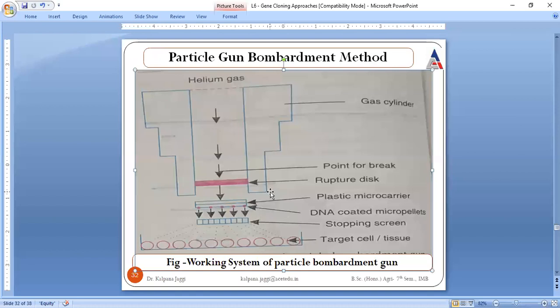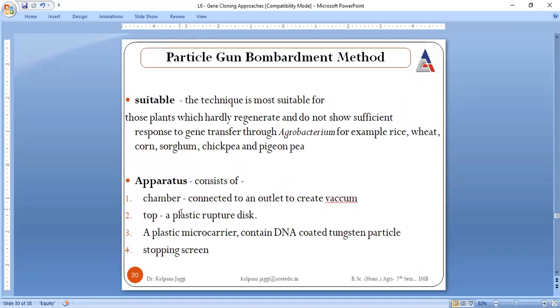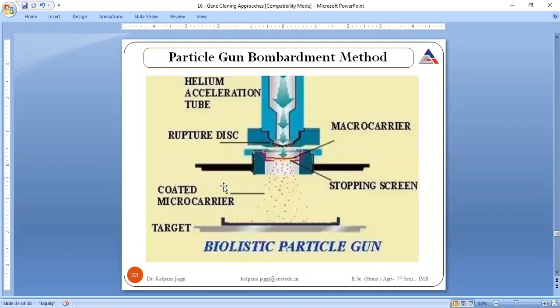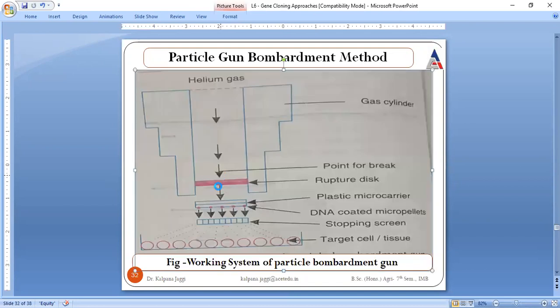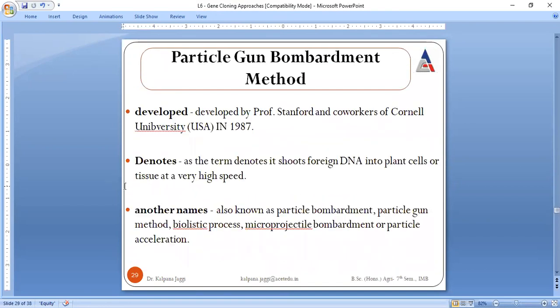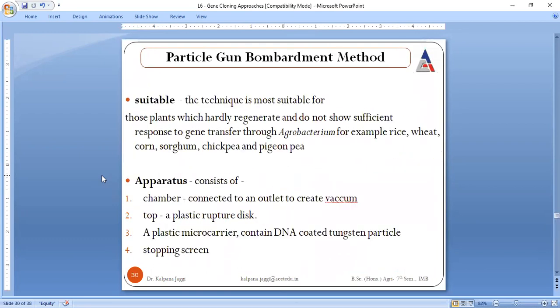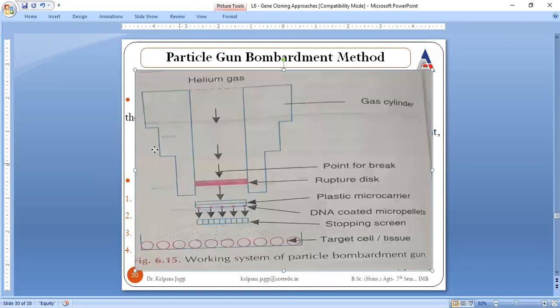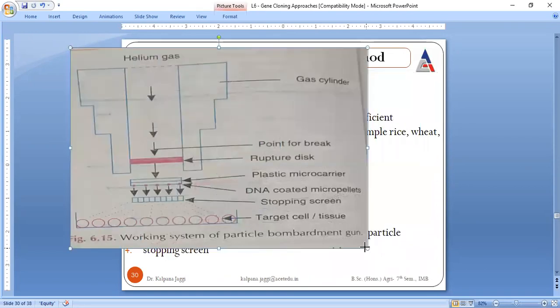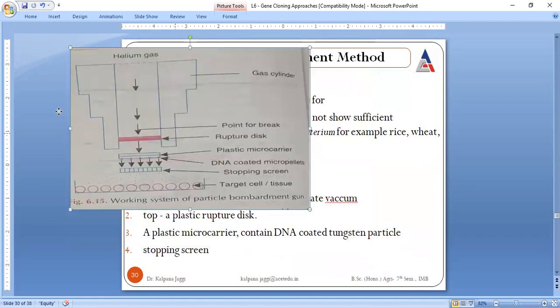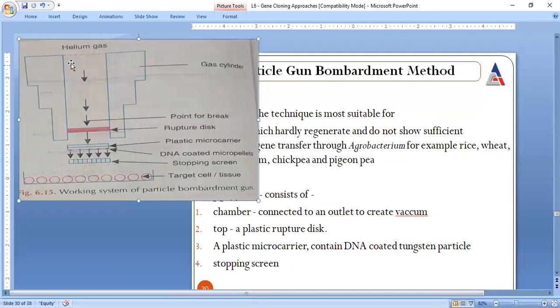Now all I'm going to discuss is the apparatus. We have a chamber, and it is connected to an outlet so that it could help in creating a vacuum.